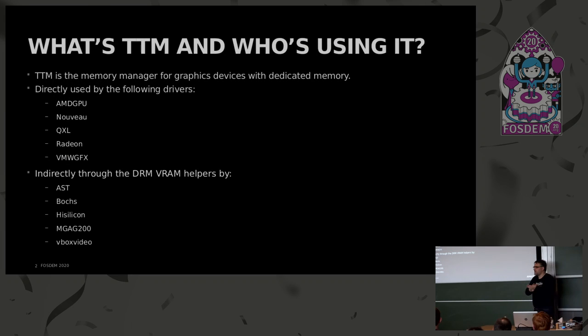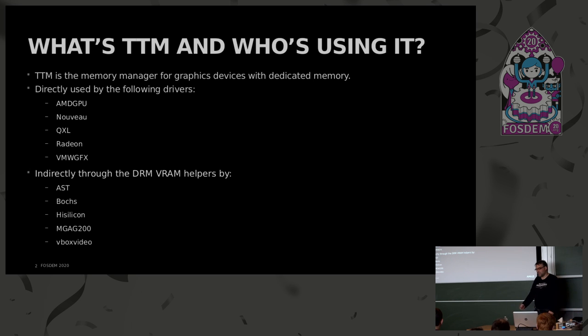What's TTM? TTM is a manager for GPUs with dedicated video memory. So if you got something like an AMD GPU or an NVIDIA GPU, both Radeon, AMD GPU, as well as Nouveau, are using TTM to manage their buffer objects and to move their buffer objects around.